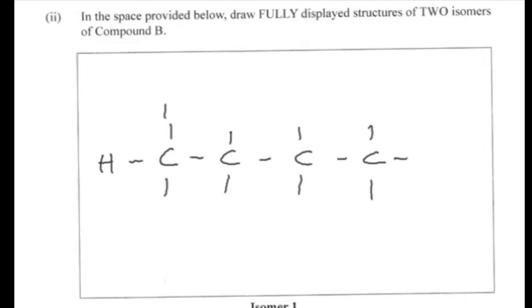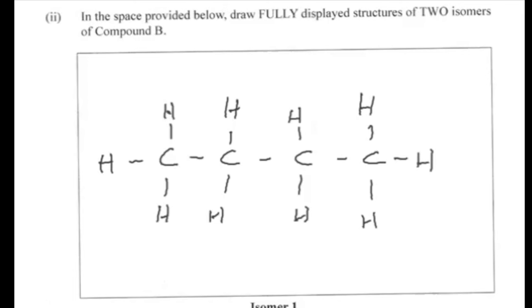In fact, it's 4 carbons long, so we would only have 2 isomers. So let's just look at that. So this is the normal one, n-butane, normal, n for normal. That's just the regular straight chain, no branching.